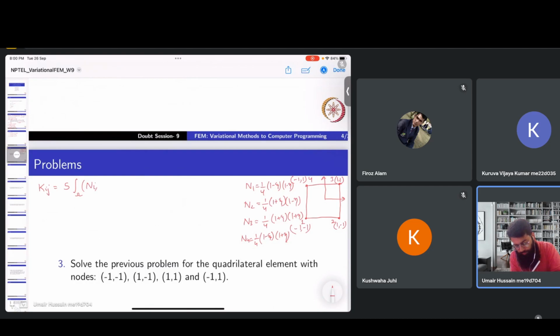We have ni comma xi nj comma xi plus ni comma eta nj comma eta.